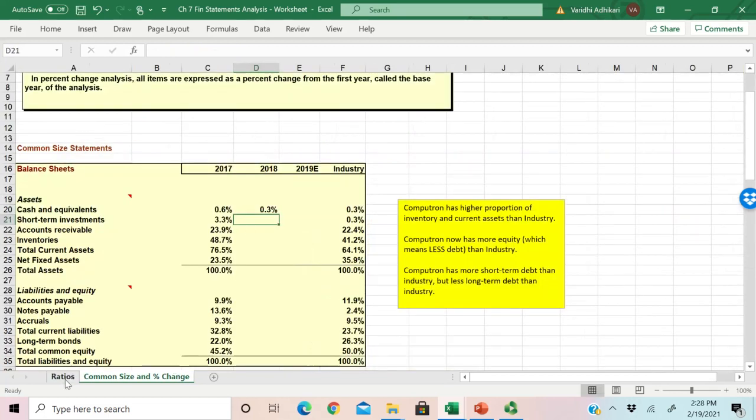Okay, so 0.3%. So in 2018, cash and cash equivalent were 0.3% of the total assets.